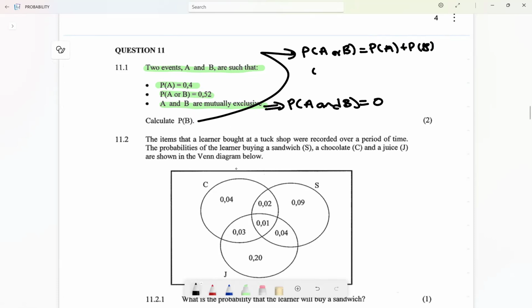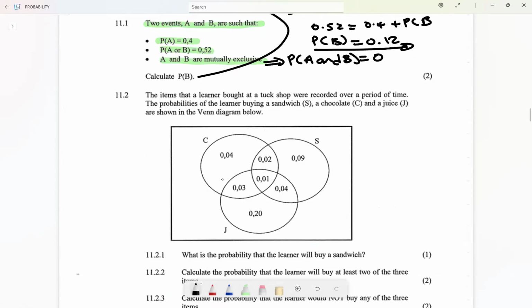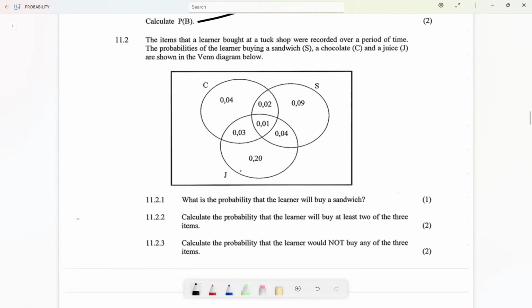The probability of A or B is 0,52, the probability of A is 0,4, plus the probability of B. Easy peasy. The probability of B is just 0,12. Just easy, guys. You just need to understand your theory.